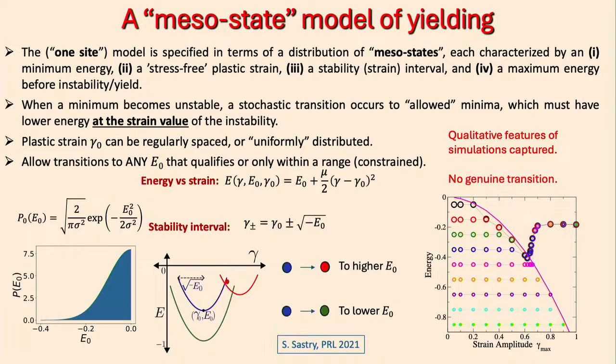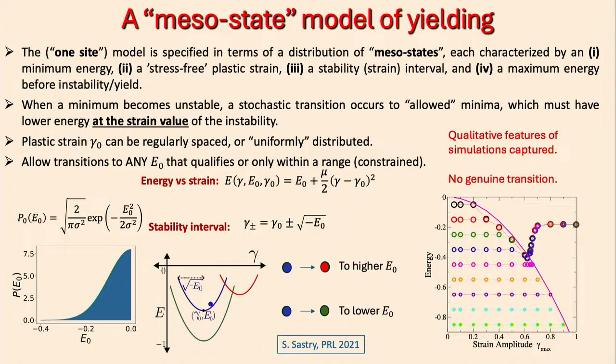So the correct description to have in mind is to have states that are possible for the system where the minimum energy can occur at different strain values. Okay, so here, for example, this parabola has a plastic strain that's very different from this green parabola.